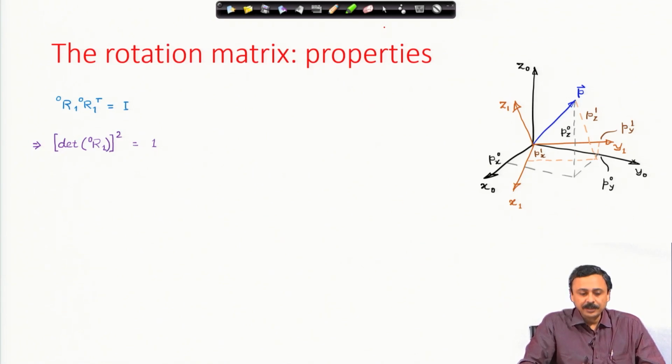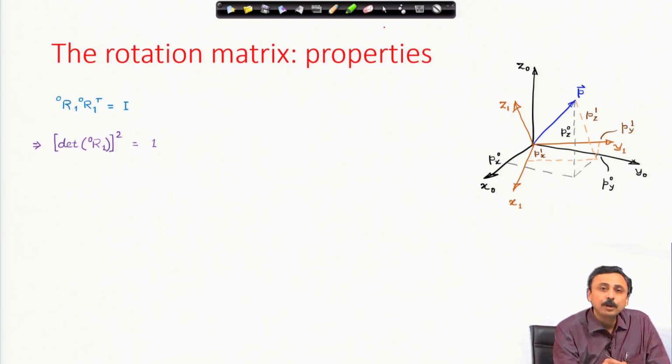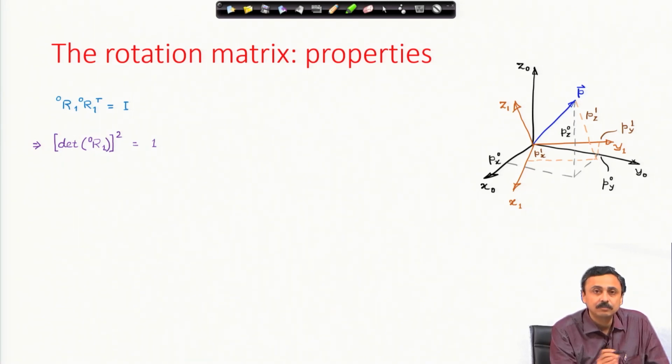Now, this orthogonality property stems from the fact that the dot product of any two different columns is 0, and the dot product of any two different rows is 0, but the dot product of a row or a column with itself is 1, and that is how we get this identity relation.